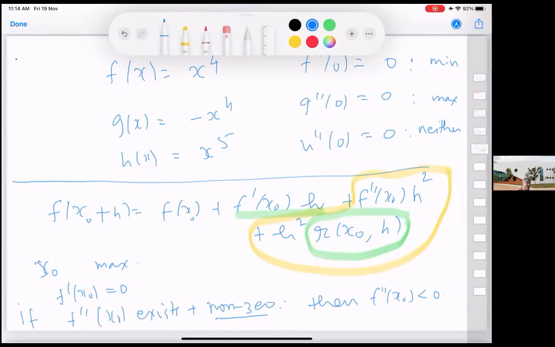And once again, the proof is that the sum of the two terms circled in yellow is negative, because f dash is 0 and thus this circled term is the difference f of x0 plus h minus f of x0, which is negative. And R x0 h is anyway going to 0. So the sign of the term circled in yellow, for small enough h, is the same as the sign of f double dash of x0. So f double dash of x0 positive will give you a contradiction.